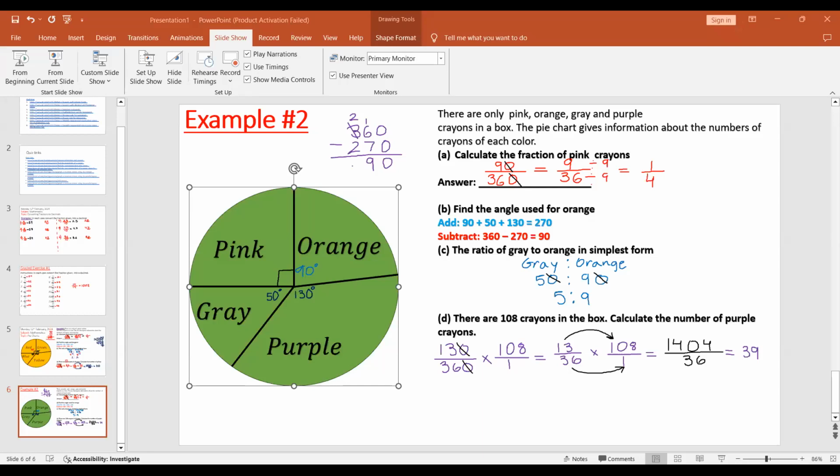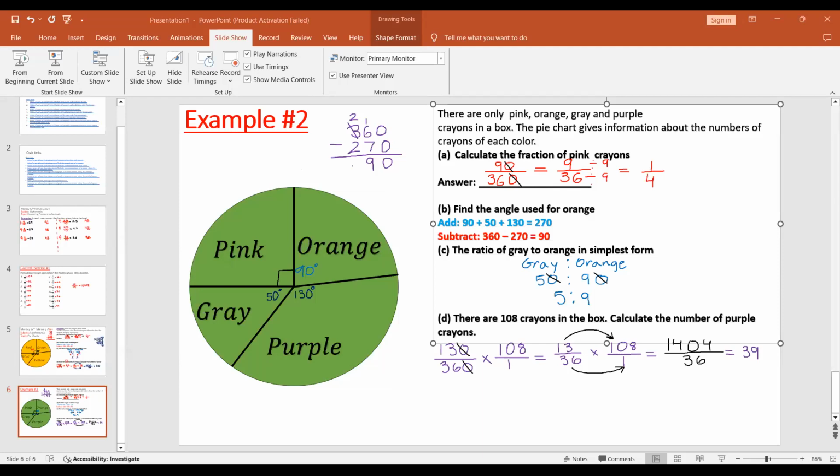There are 108 crayons in the box. Calculate the number of purple crayons. We do 130, which is the degrees of purple, over 360, times 108, which is how many crayons are in the box, over 1. We cross out the 0 from 360 and 130, which leaves us with 13 over 36 times 108 over 1.